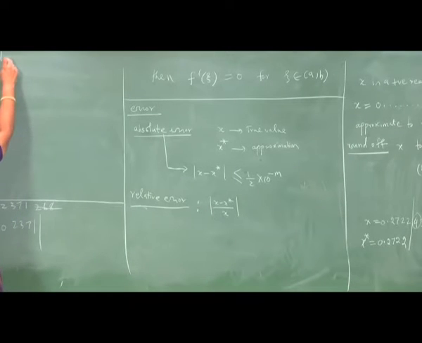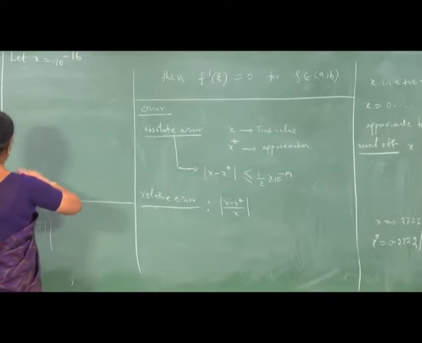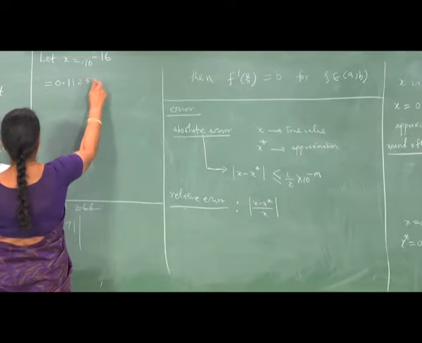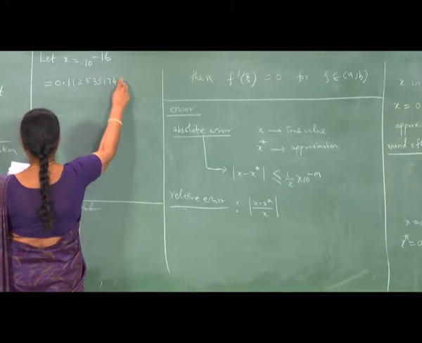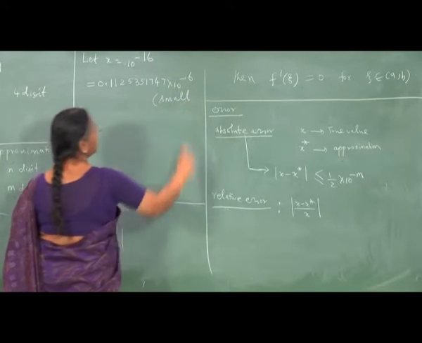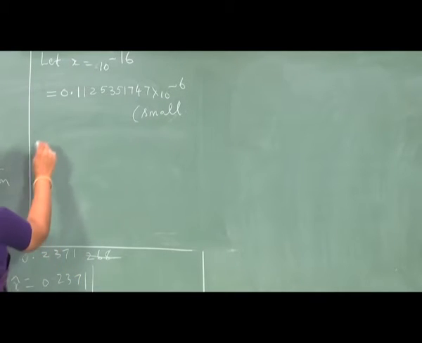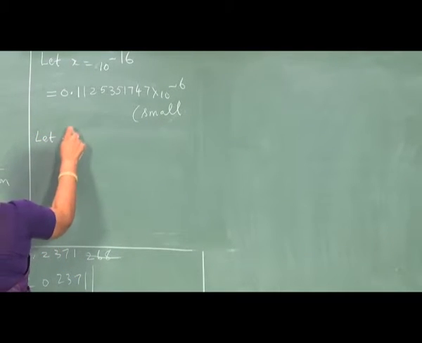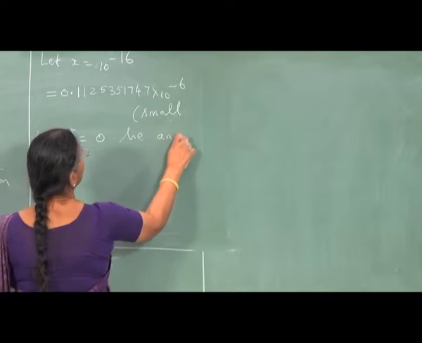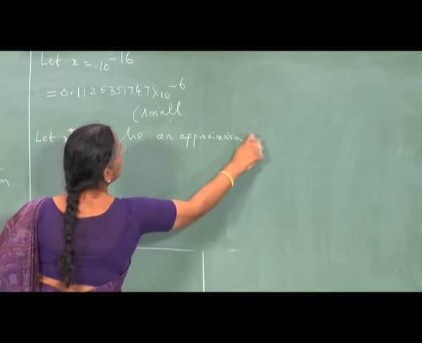So, let us take x to be 10 to the power of minus 16, whose value is 1125351747 into 10 to the minus 6. It is a very, very small number. So, let me approximate this by 0, as an approximation to x.